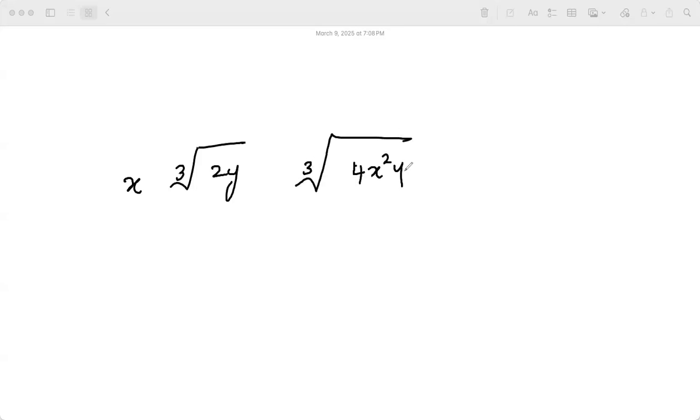Okay, guys, how about this? X cube root of 2y, cube root of 4x square y square. Can we simplify this? X cube root of 2y, then cube root of 4x square y square.